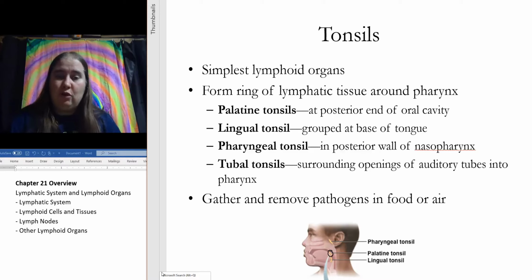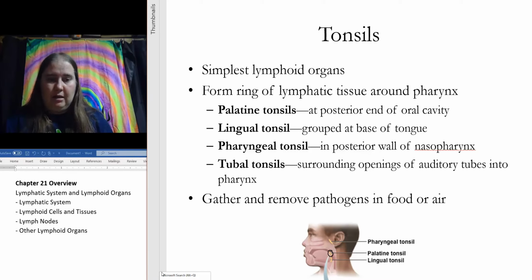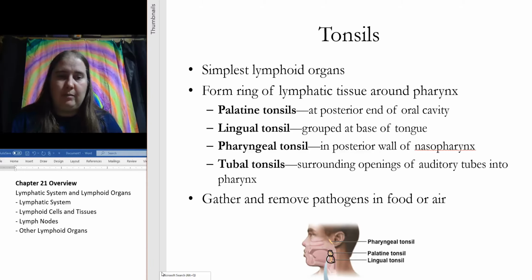You have your lingual tonsils, which are located here, kind of at the base of your tongue. You have your pharyngeal tonsils. These are on the posterior wall of the nasopharynx, and then you have your tubal tonsils that are surrounding the opening of the auditory tubes in the pharynx.